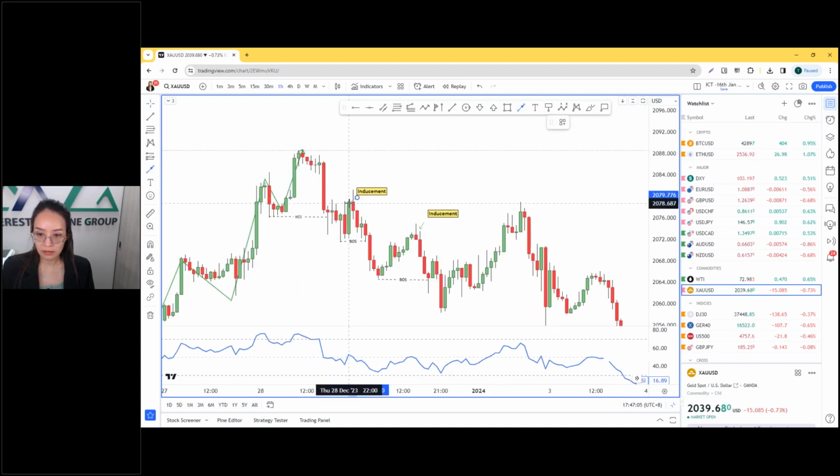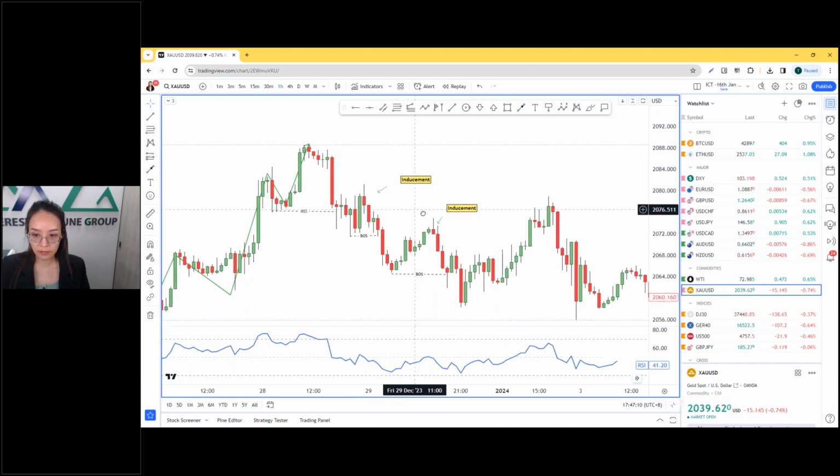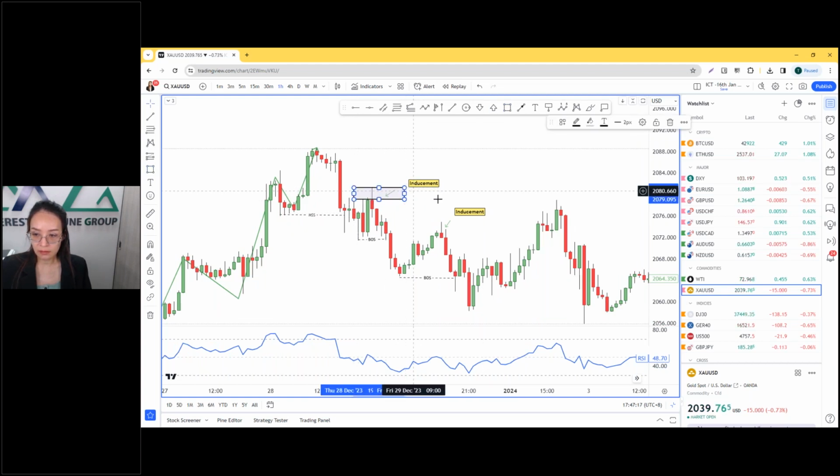Okay, now we look for market structure, right? They already broke, and like this, this is the one. Okay, I use this one.